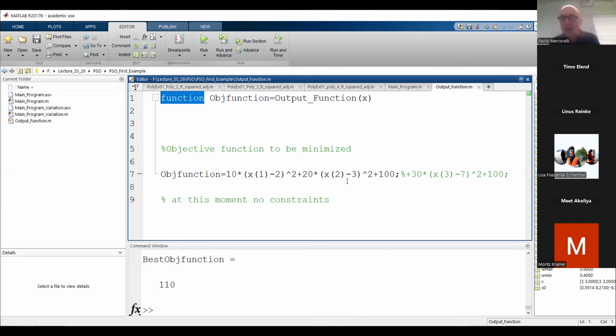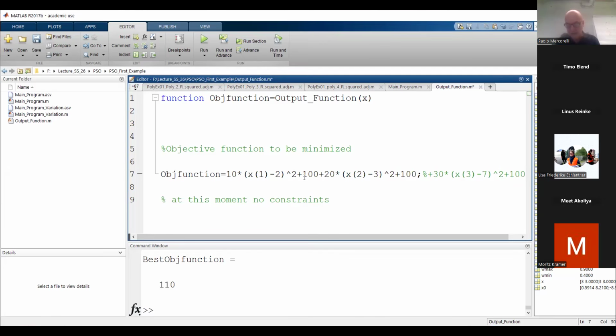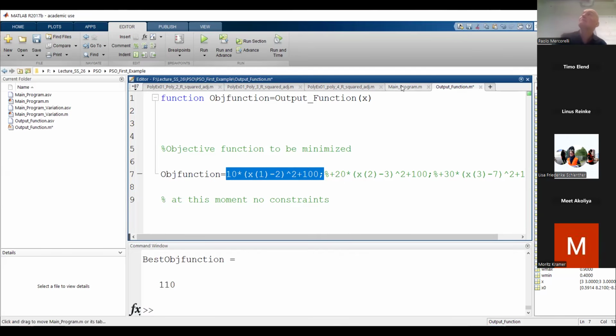Let me now consider just this plus 100 semicolon this. You can see now the objective function consists of just one dimension. This is a parabola.